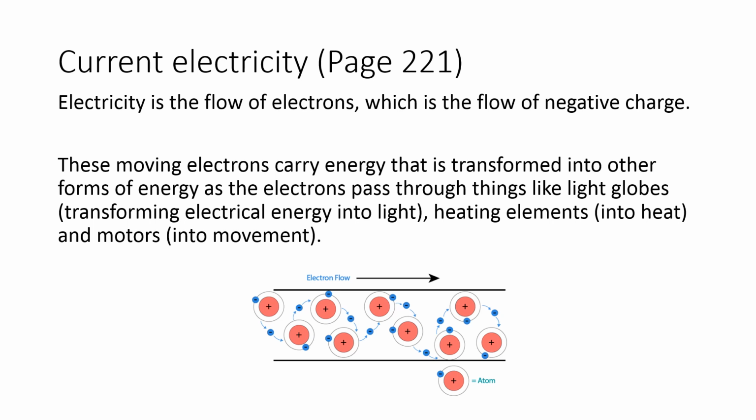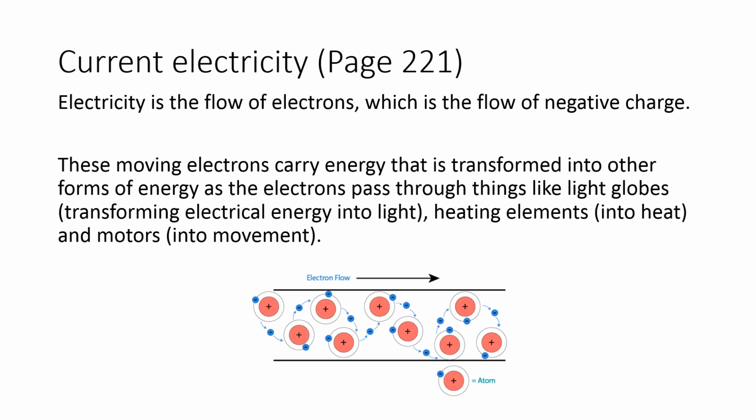So if you talk about the basic structure of an atom, it consists of neutrons, protons, and electrons. As you know, the core or the nucleus of the atom consists of neutrons and protons surrounded by electrons. So the whole principle that we have is that electrons can move from one atom to another.